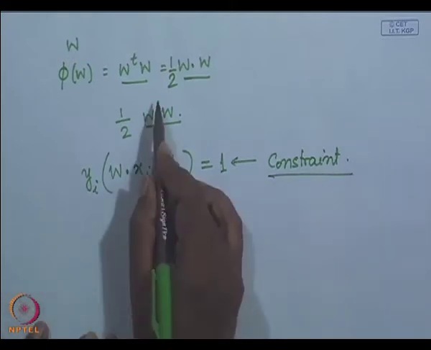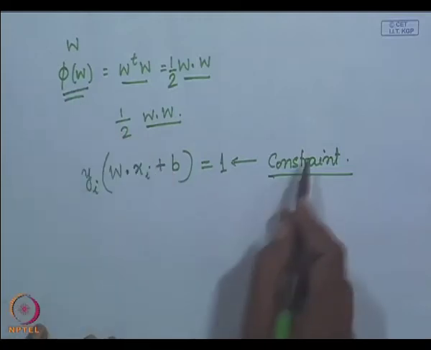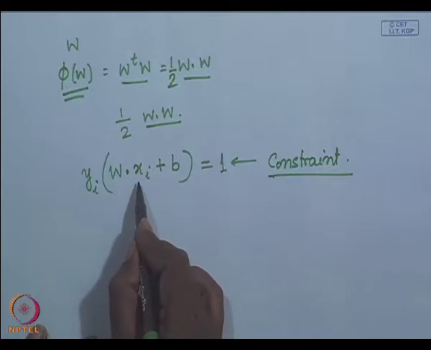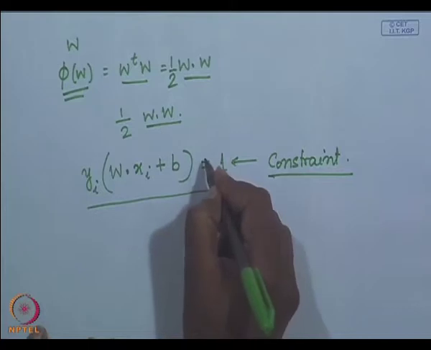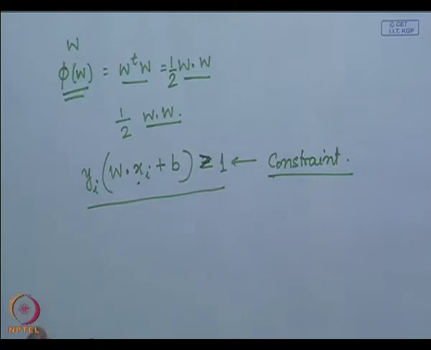So, I want to minimize w, or I want to minimize phi of w subject to the constraint that y_i into (w dot x_i plus b) has to be equal to 1. Or I can say that this has to be greater than or equal to 1. If x_i is a support vector, then this has to be equal to 1.